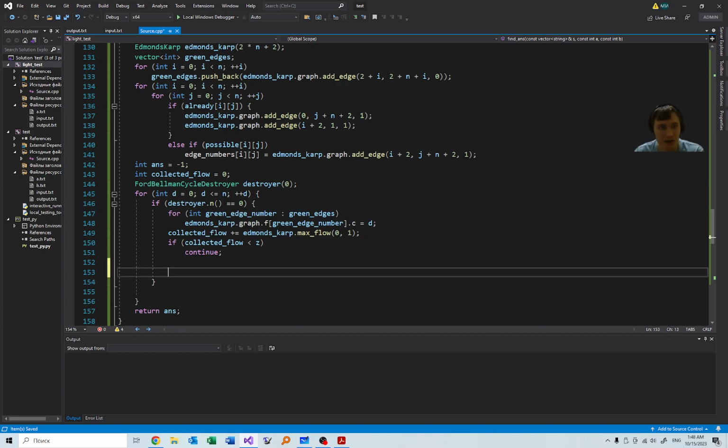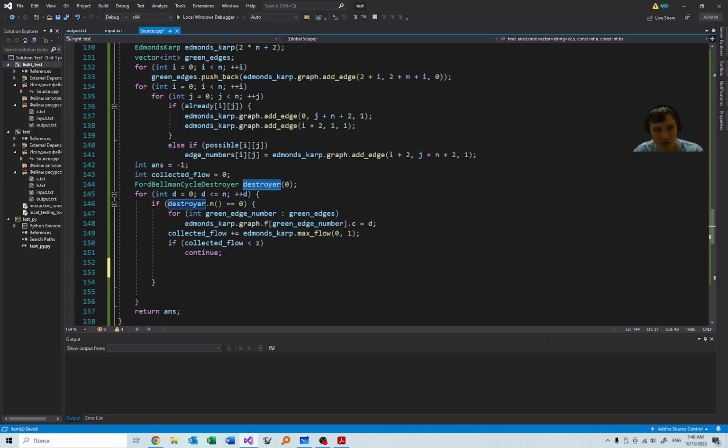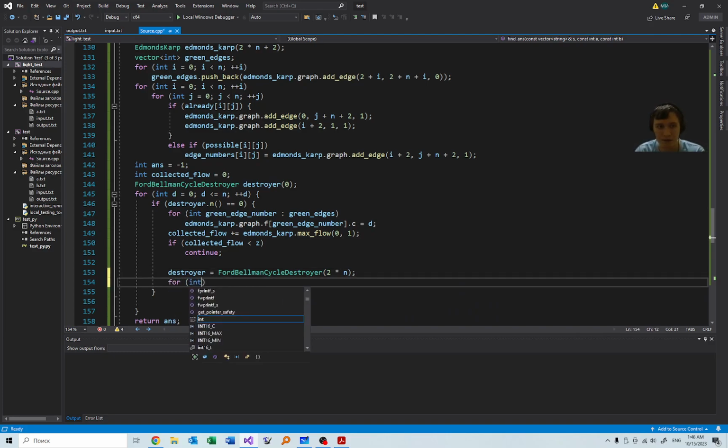So now we construct the destroyer. So destroyer equals the destroyer of size 2 times n, actually. Then we go through all edges.